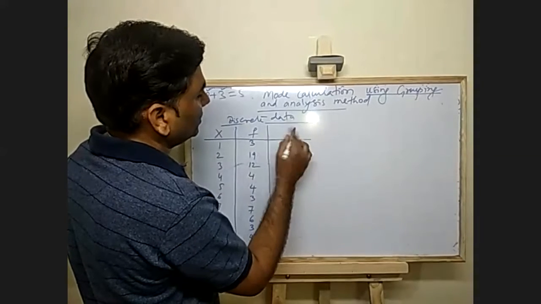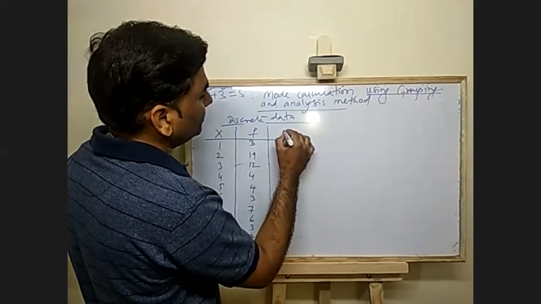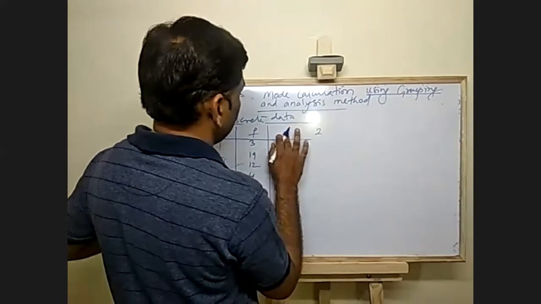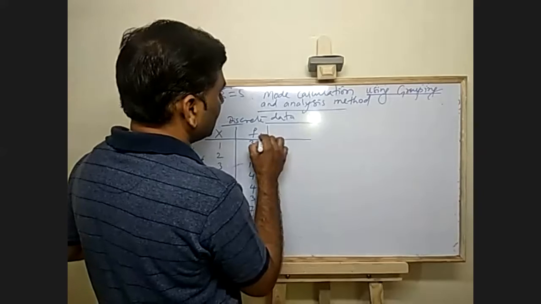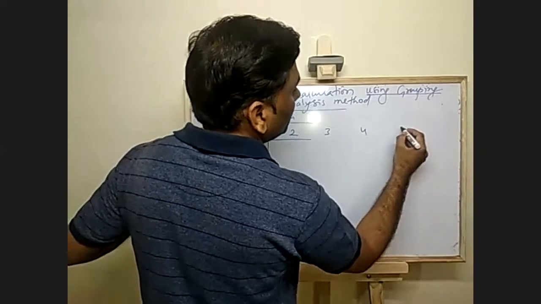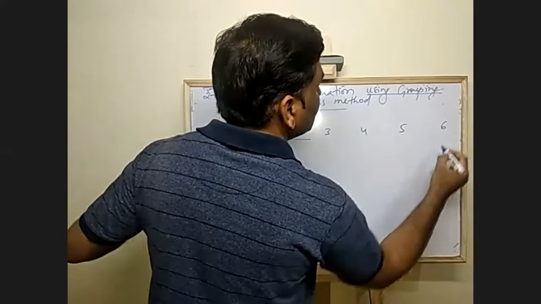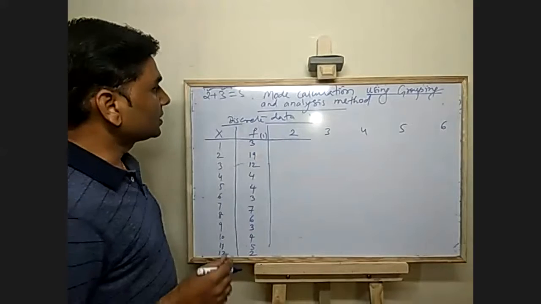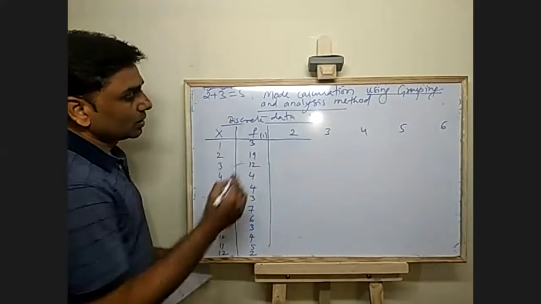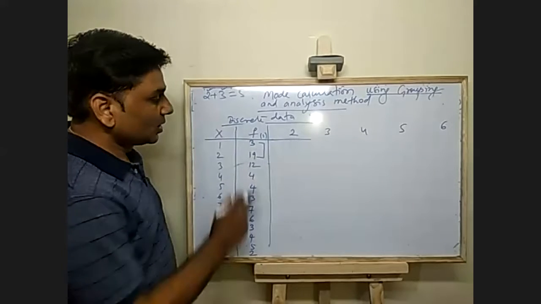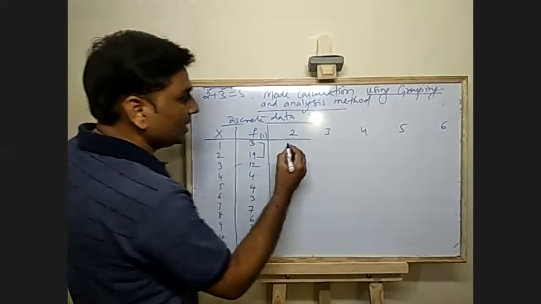Then this is your 1, this is your 2, 3, 4, 5, and 6. Now what you have to do is, first, add these 2. How much is it? 22.